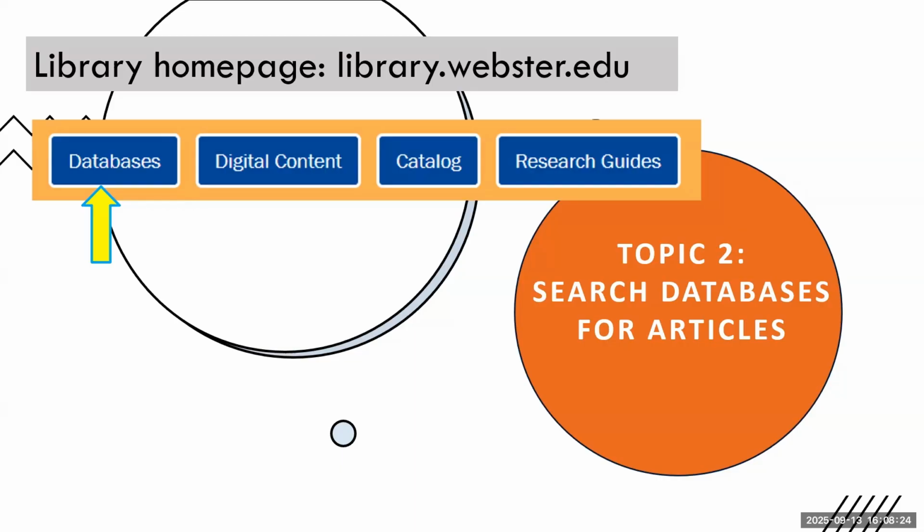We don't own these, we subscribe to them to provide you with a much wider selection of resources, much like you may subscribe to streaming services like Netflix. To access databases, select the button from the library homepage at library.webster.edu.